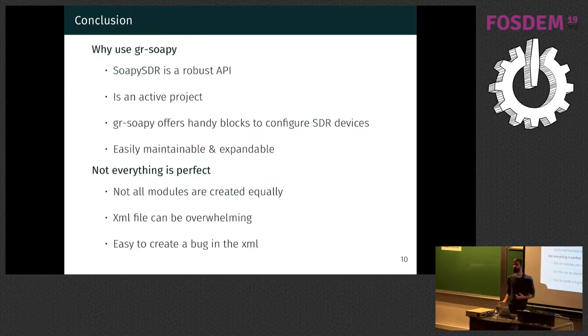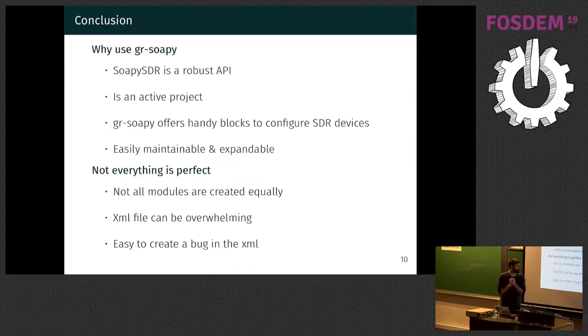It's really simple for an inexperienced user that doesn't want to mess around with what my device supports or what is that gain. I have one, which one should I put in those fields? What values do I have to put there? And also because we have that kind of abstraction where we just wrap the API function calls, it's pretty easily maintainable because we don't have to mess with the main code. We only have to add new devices in the XML file if a new one is there.